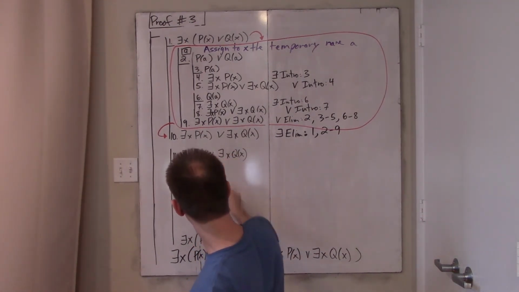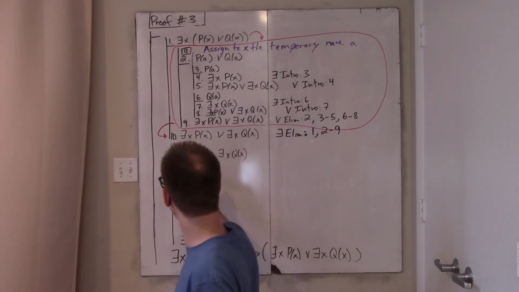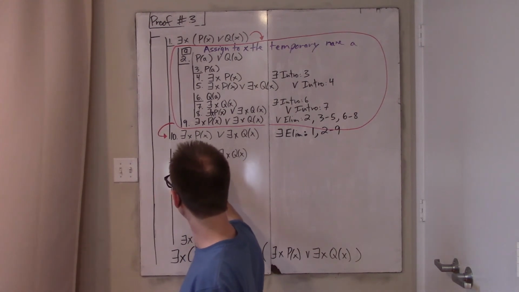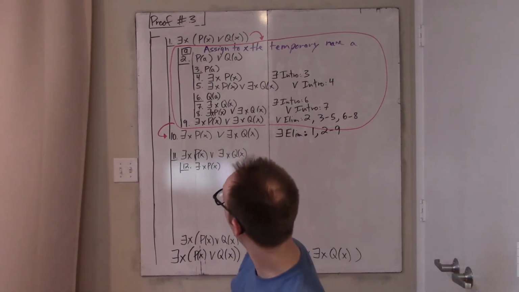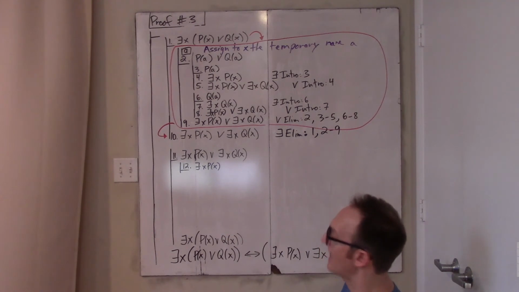Well, now I have a disjunction, so I'm going to do a proof by cases. First, I will assume that there is some object with property P. So assume the left disjunct. Well, what can I do now? It's hard to make any progress without first naming that person.